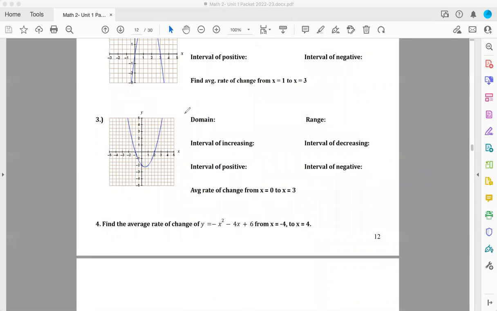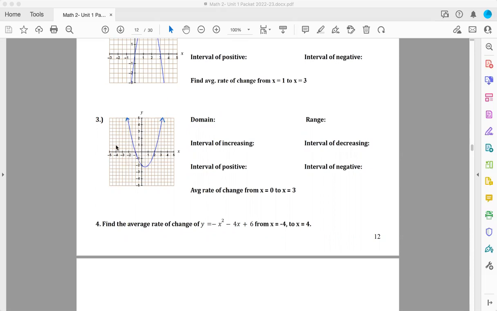So for number 3, the question is, what's the domain? Now, we agreed in class that if we see a graph like this, we're technically assuming that these ends are going indefinitely, right? So there are arrows there, basically, meaning that this graph keeps on going and going. We just don't have enough room to graph it. So where is the domain? Let me not write domain again. Use the space efficiently here.